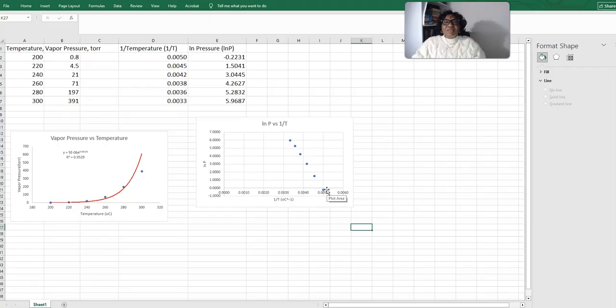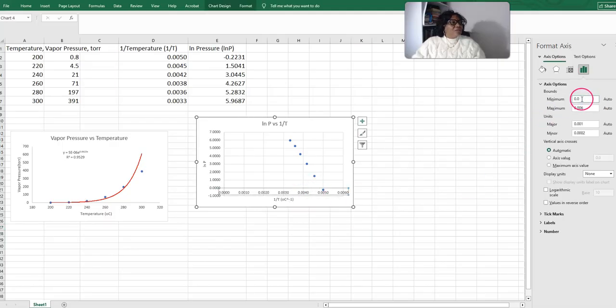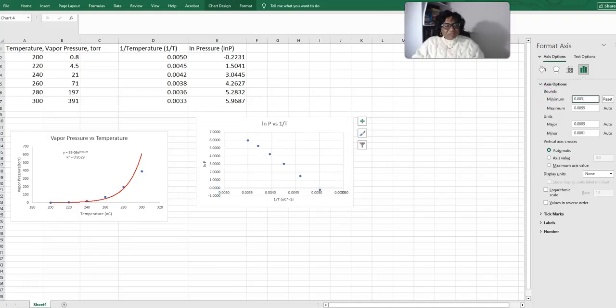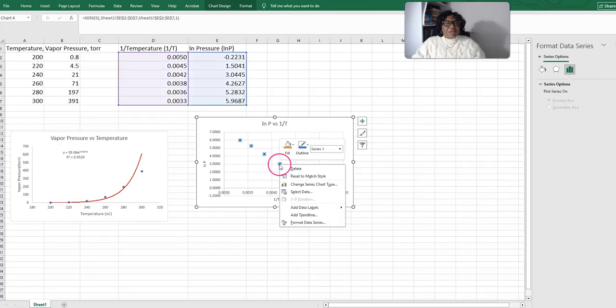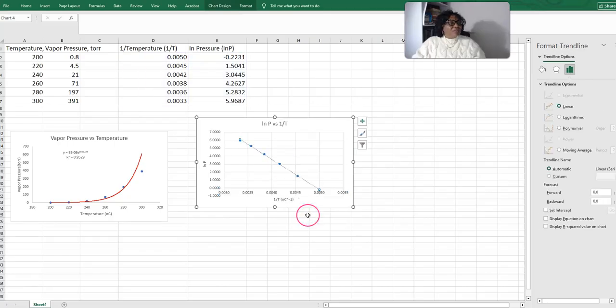So now we want to fix our scale. In the x-axis, our smallest value is 0.003. So click here, put 0.003, enter. The y-axis, we are okay. Now click here to add trend line, right click, add straight line. So you see we have our straight line.